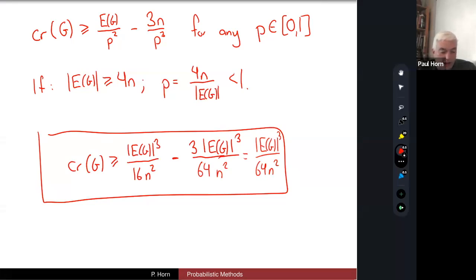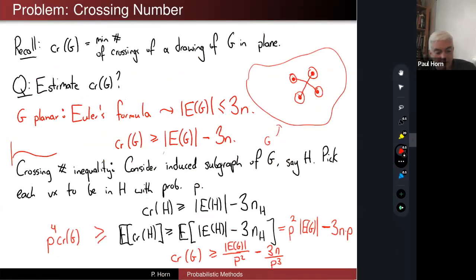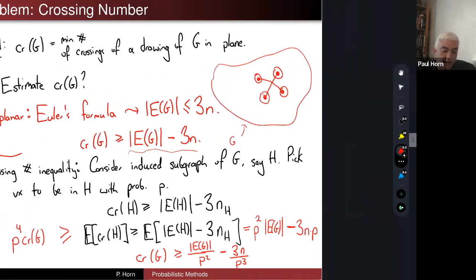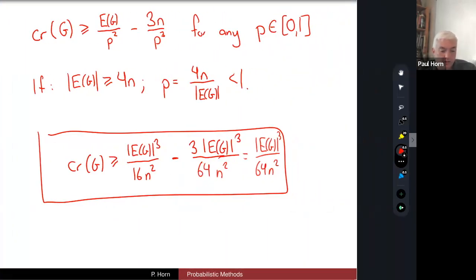So I started with a bound that was kind of linear in the number of edges. And this probabilistic trick amplified it into a bound that actually grows like the number of edges cubed over n squared. And essentially, up to this constant 64 and up to this restriction that the number of edges of G is at least 4n, this is best possible.